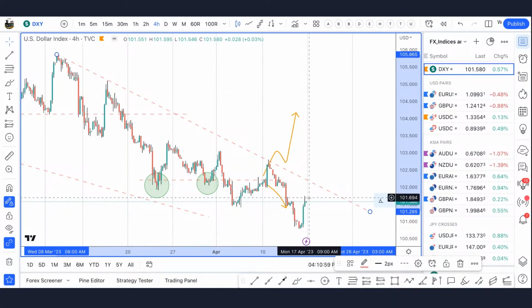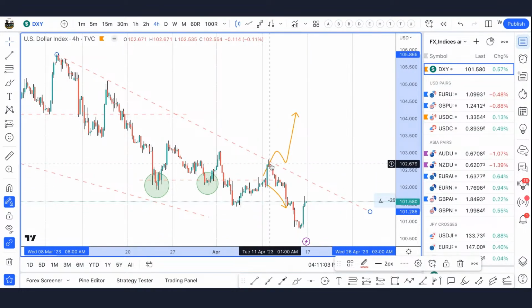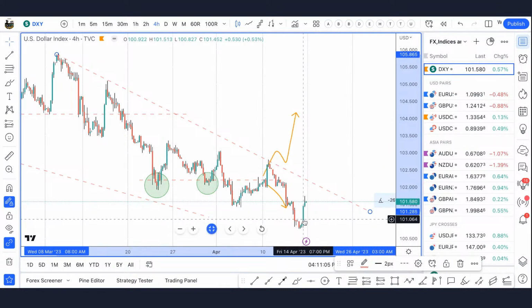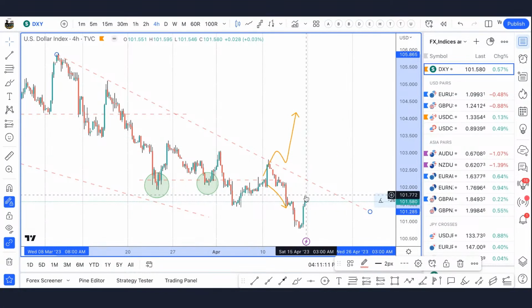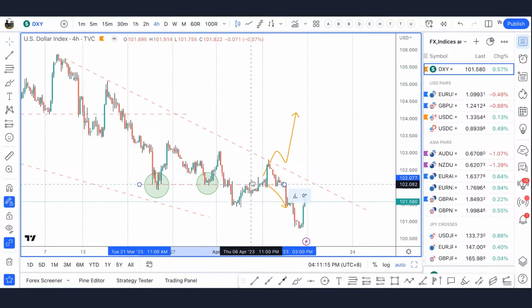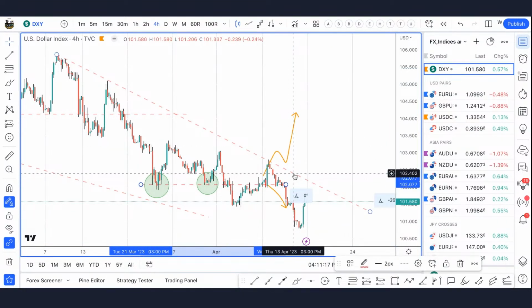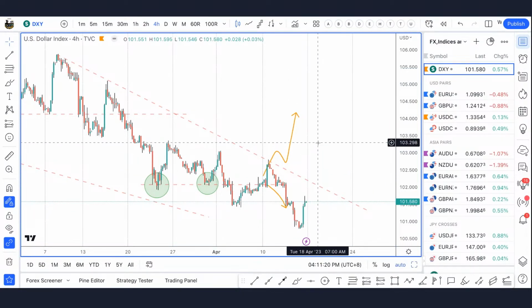So just take note of that. Last week was also the same. Monday was a push up for it to retrace further downwards. So USD is still pretty weak, so you can do your counter trend as long as that setup goes valid with your analysis.